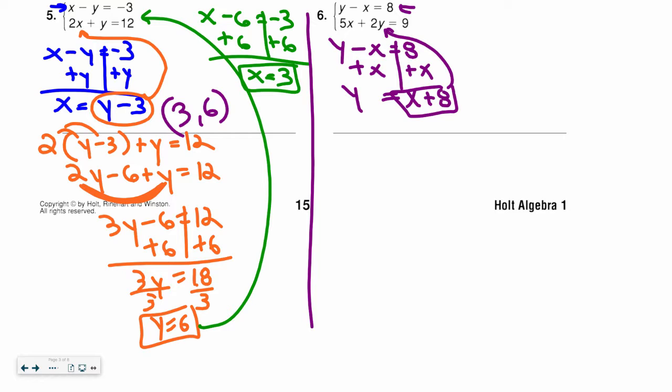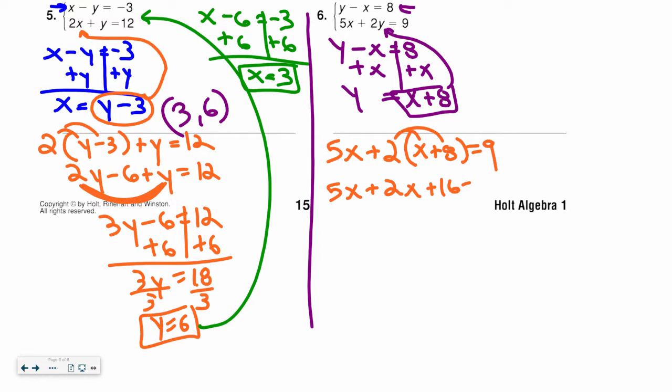So it would look like 5x plus 2 parentheses x plus 8 equals 9. I distribute it in: 5x plus 2x plus 16 equals 9. Combine these and solve for x.